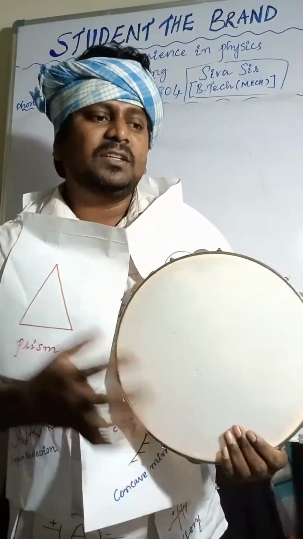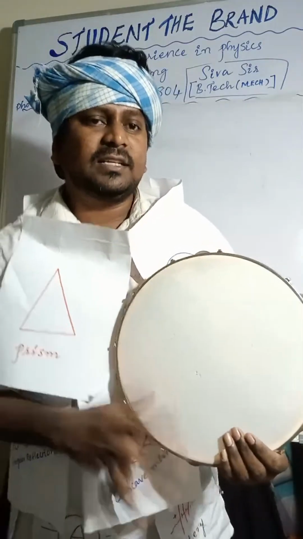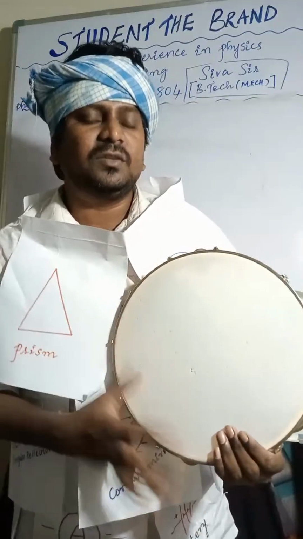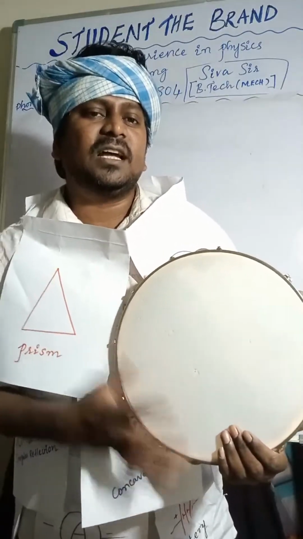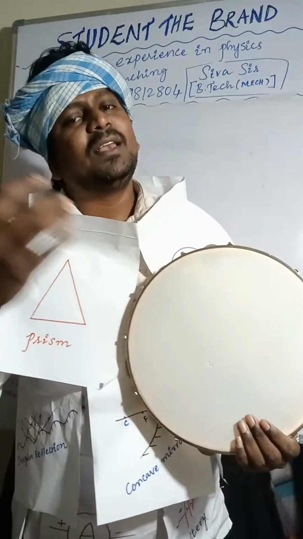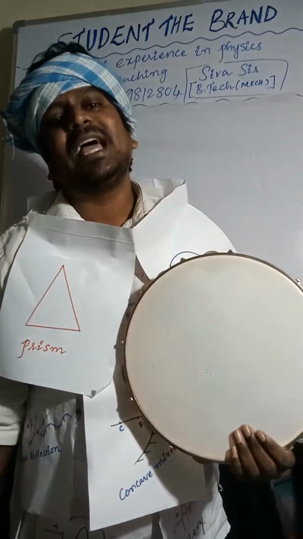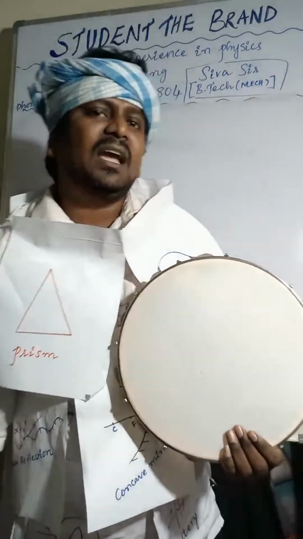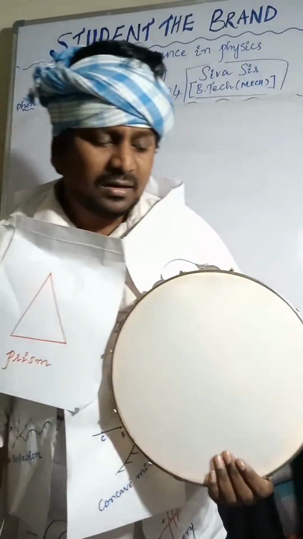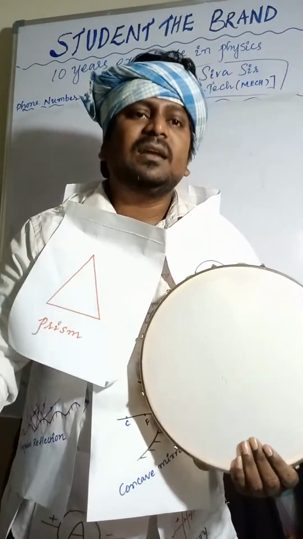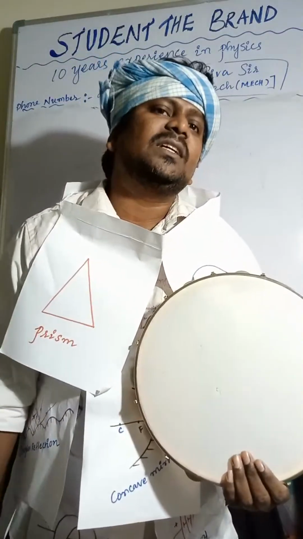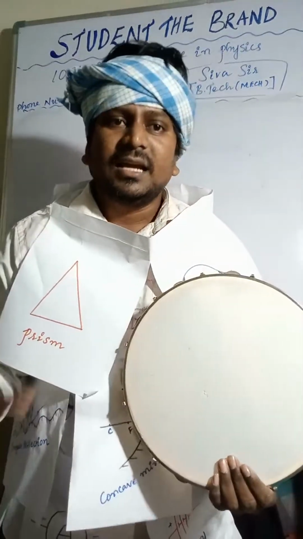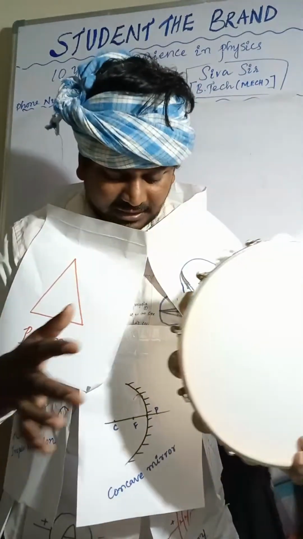Distance are positive along the instantaneous, distance are negative opposite to instantaneous, distance are positive above the principal axis, distance are negative below the principal axis. New Cartesian sign convention, New Cartesian sign convention.